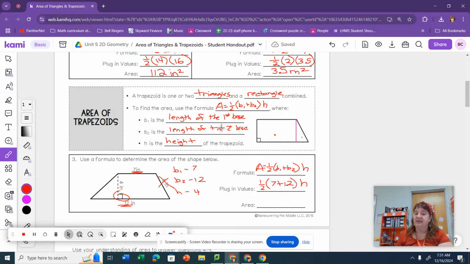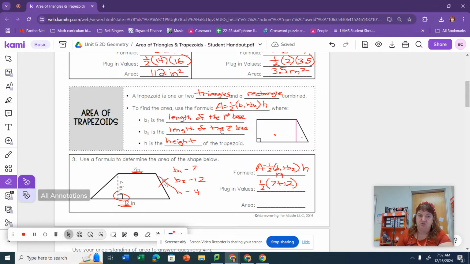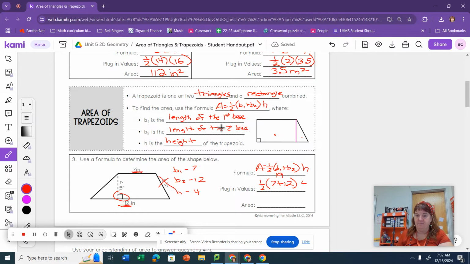Okay, so then 7 plus 12 is 19. I meant to fill in the height, and we could do 4 here.